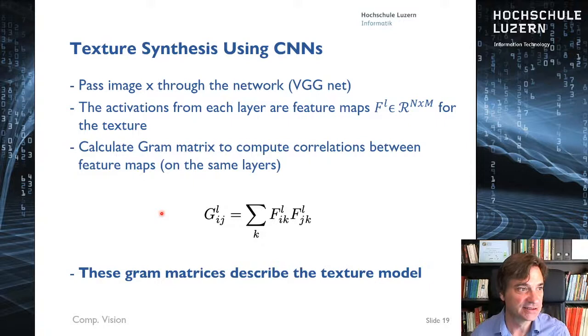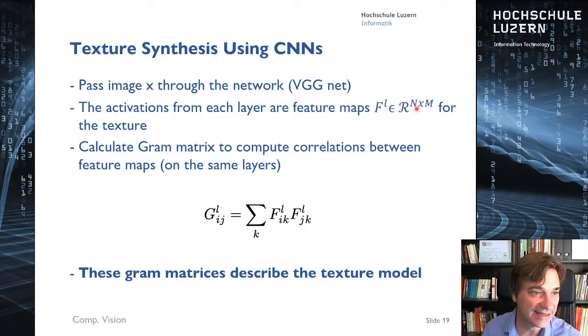Okay, so let's assume we pass some image through our network, for example the VGGNet with only 3x3 filters. Then at each layer we have the activations, and let's call them feature maps. So this is a feature vector for some dimension depending on that layer.